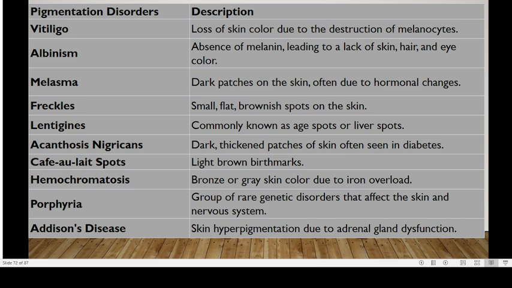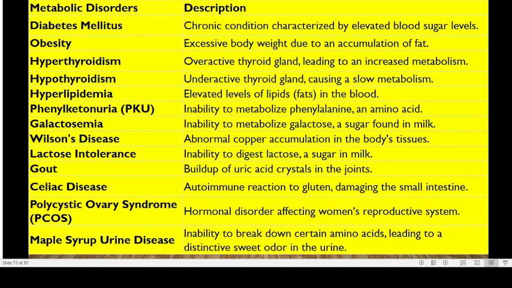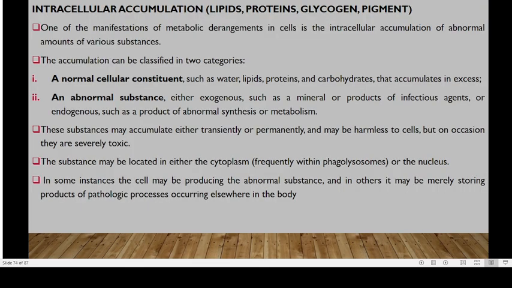For the metabolic disorders, we have diabetes, obesity, hyperthyroidism, hypothyroidism, hyperlipidemia, and phenylketonuria. Also, galactosemia, Wilson's disease, lactose intolerance, gout, celiac disease, and PCOS are also examples in that case.